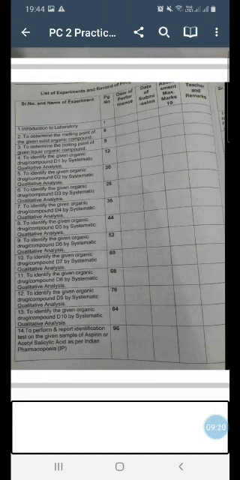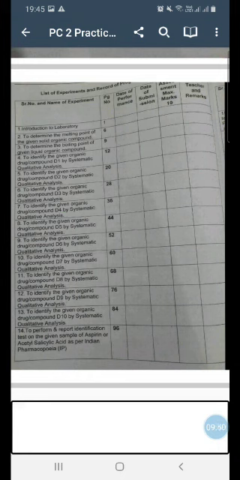So from 14 to 21, these experiments are titled as to perform and report identification test on the given sample of, say for example, aspirin as per Indian Pharmacopoeia. Experiment number 14 is titled as to perform and report identification test on the given sample of aspirin or acetyl salicylic acid as per Indian Pharmacopoeia.